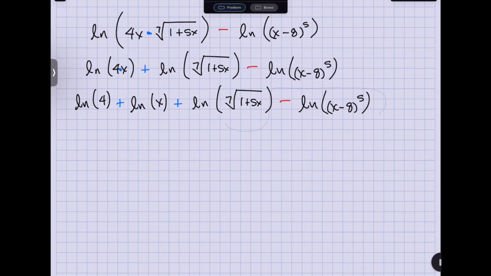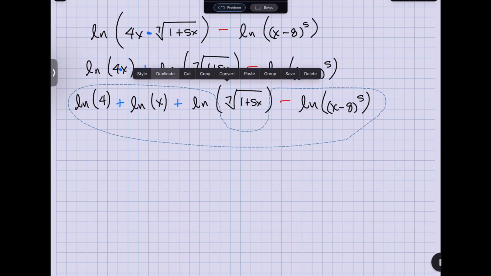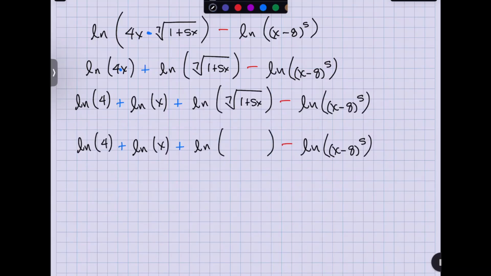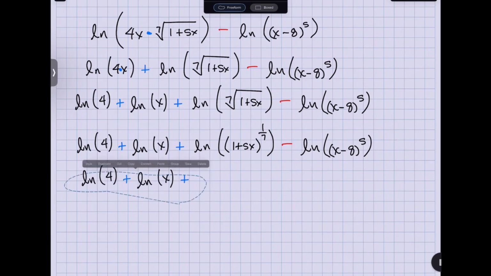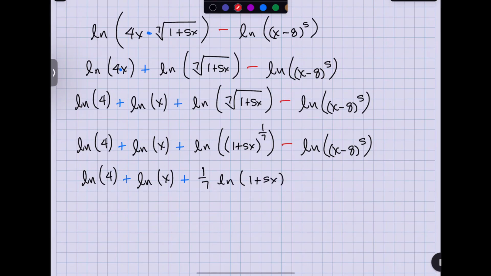But before I do that, let's do this, because I got to make that radical into a power, which would be 1/7. Now I can make the power rule happen. And voila.